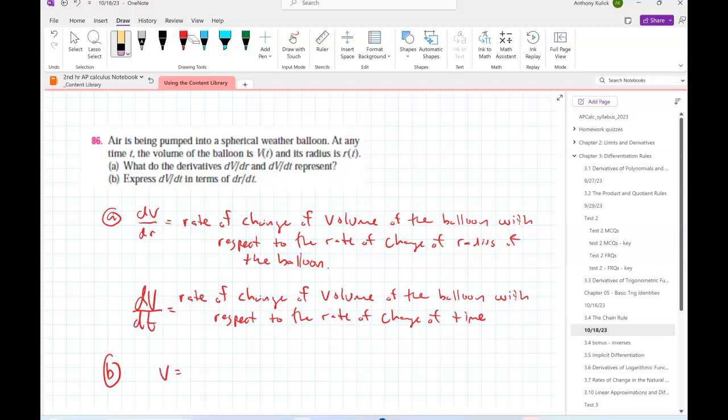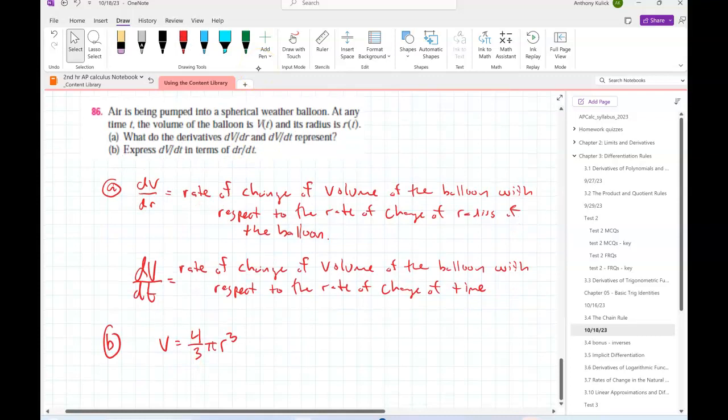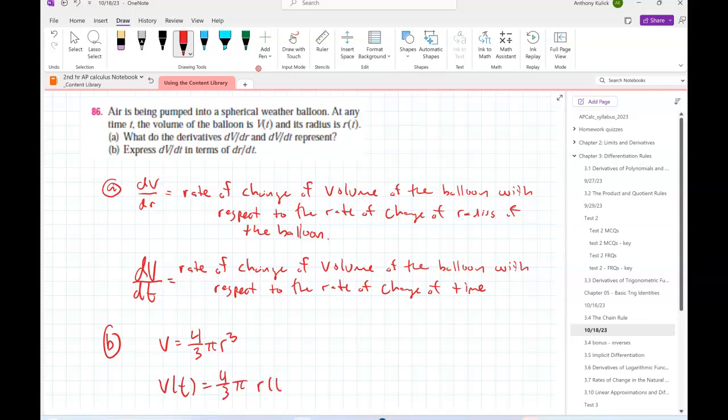What's the volume formula for a sphere? 4/3 pi r cubed, right? So V of t would be 4/3 pi r of t cubed.